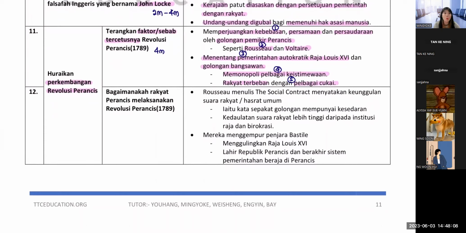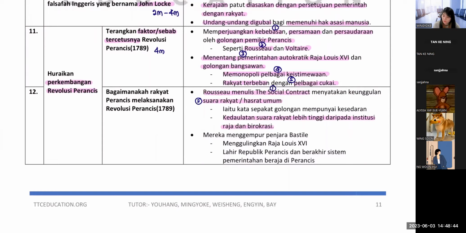Finally, how peristiwa, how they fight is they wrote a social contract. Talks about what? Suara rakyat or hasrat umum, where they claim that the voice of the people are higher than the government. Kedaulatan suara rakyat lebih tinggi daripada institusi raja. Basically, Rothschild write the social contract already 1 mark.